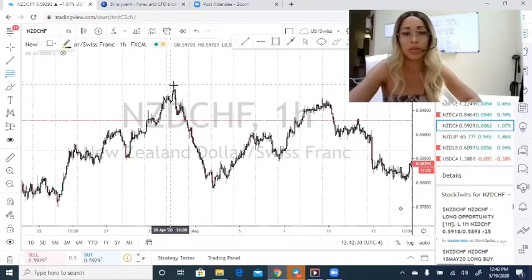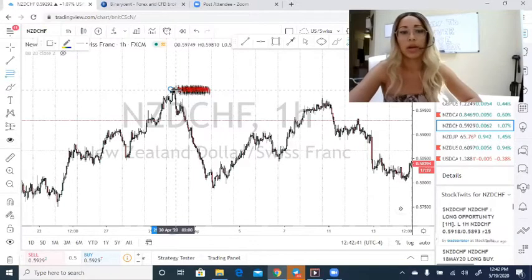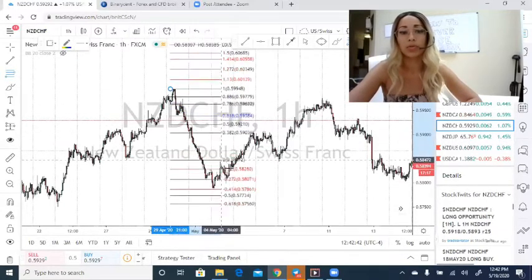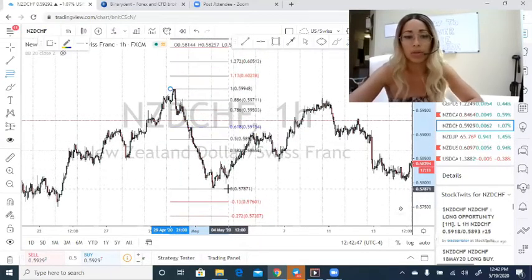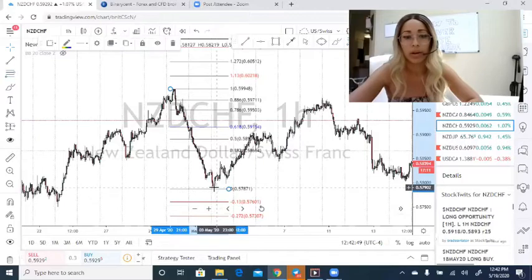This is going to be my starting point. That's going to be my X. Wicks do matter with this strategy, so I'm going to take it from the very wick of the top of this and bring it down towards price, because price is making its way down. And I'm going to put it right here at the bottom, because that's what I'm measuring from the top.